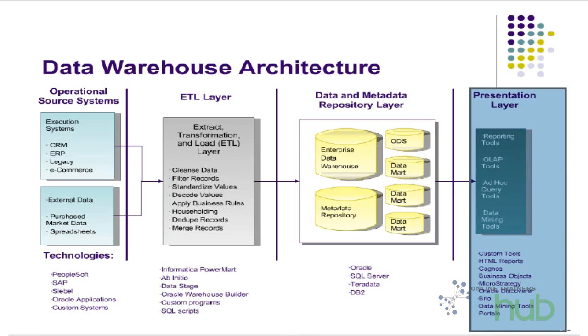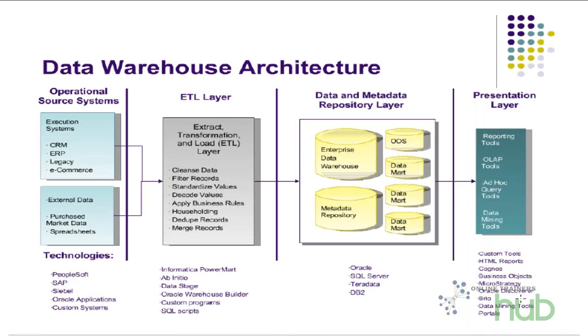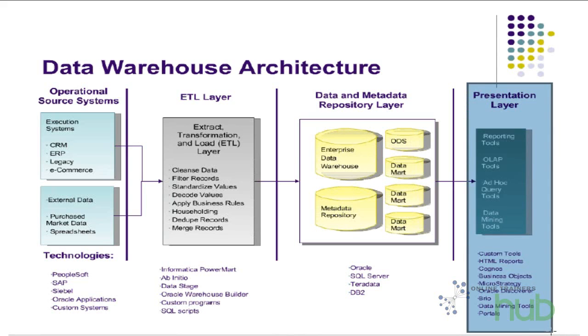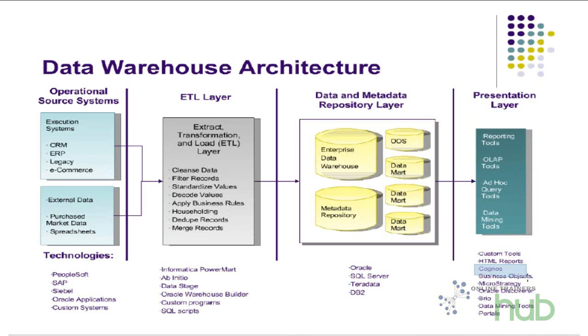To represent the data in the customer expected format, we have another layer which we call the presentation layer, where we have several reporting, mining, and OLAP tools, like Cognos, BO, MicroStrategy, and so on, which take care of generating reports in the customer expected format. So that's about the architecture.